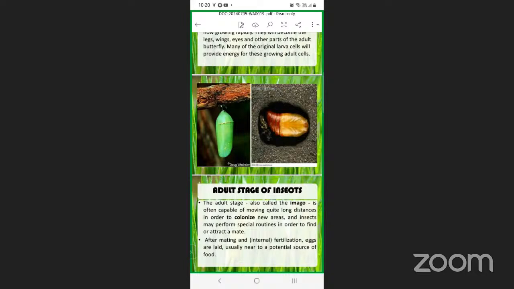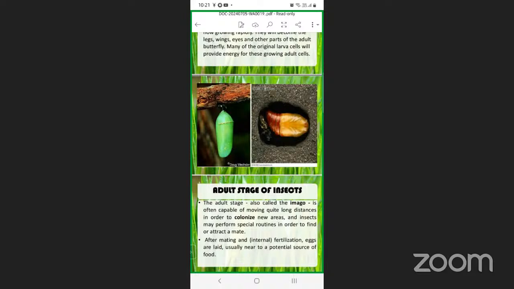One more hormone we will see is the eclosion hormone. This eclosion hormone is a neuropeptide. It is also observed in several moths. This hormone influences pupal-adult ecdysis and sometimes behaviors.